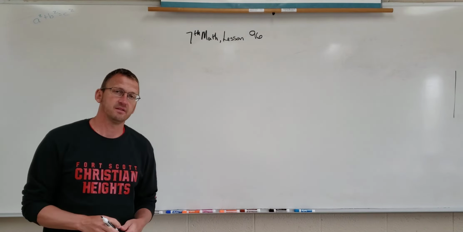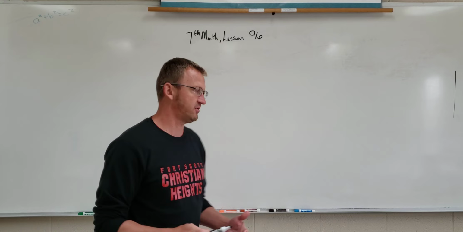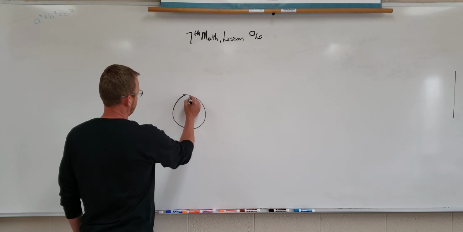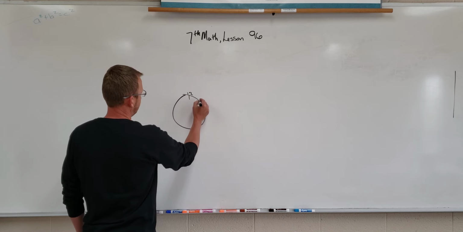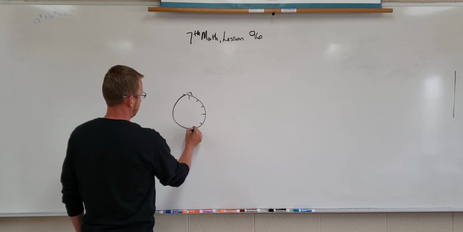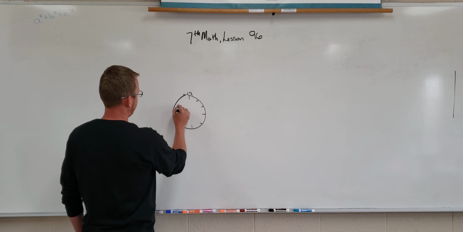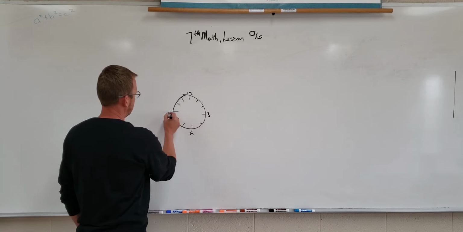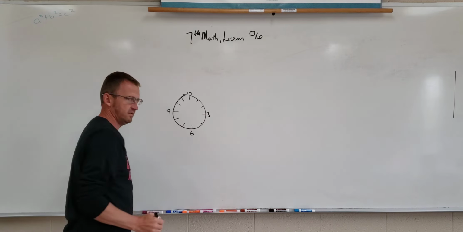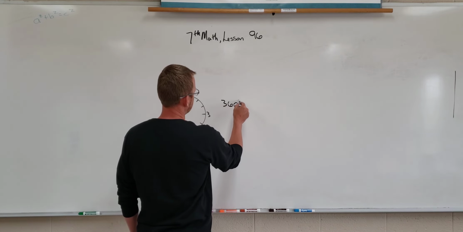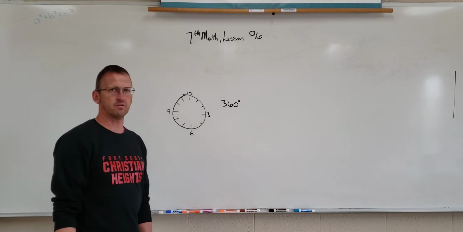In today's lesson, we're talking about estimating angles using a clock. One way to do that is if we have all the hands of a clock, it forms a circle. We know that there are 360 degrees in a circle.